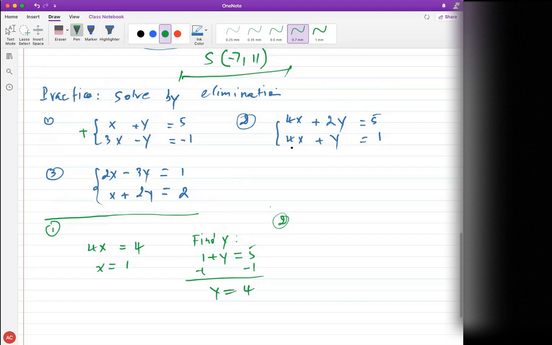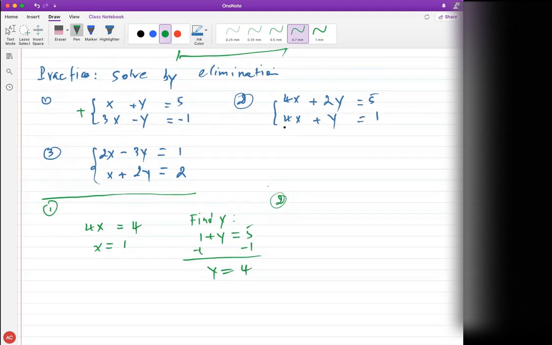For number 2, which variable will cancel out? Unless you make one negative, correct? We'll just put a negative here, so we're going to subtract the equations. If we add the equations, these two will not cancel out with 8x, so we have to subtract them. This minus this cancels out.